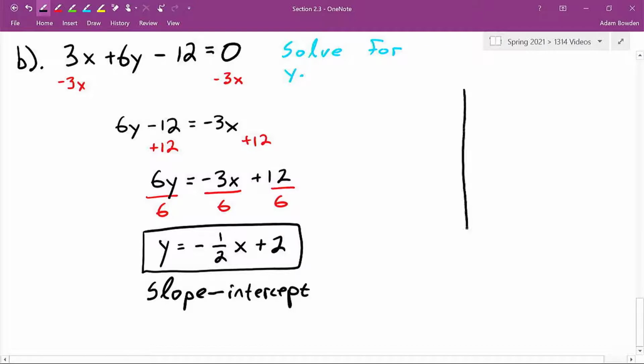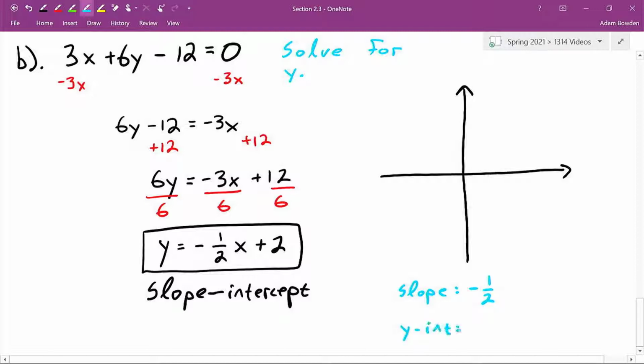We can follow along the same idea from the last example for graphing the line of the equation. Our slope here is negative 1/2, and our y-intercept is the coordinate (0, 2). And so again, like the last one, the slope is negative, so the line would be falling from left to right.